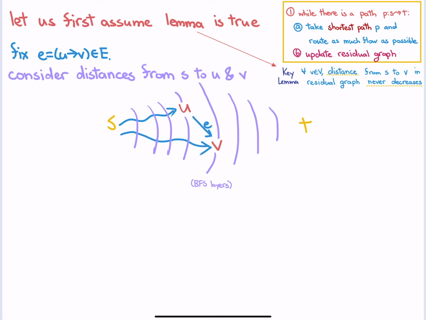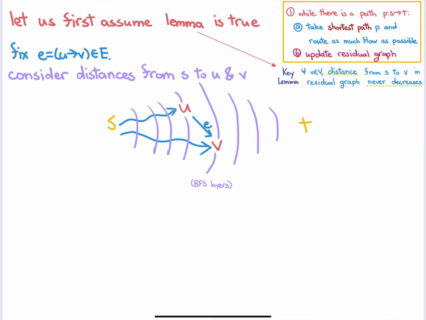Let's fix a particular edge E from U to V. I want to analyze the distance from S to U and the distance from S to V over the course of the algorithm. I'm imagining there are breadth first search layers, and if an edge is going from U to V, V can only be one layer ahead, for breadth first search. So each of those purple lines represents one more hop away from S.